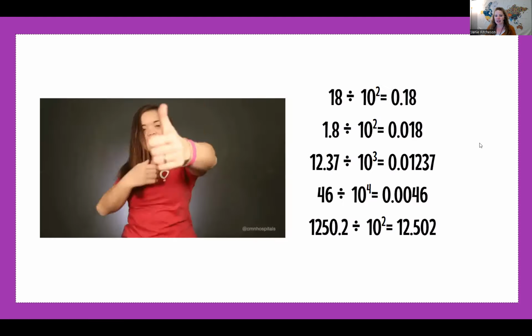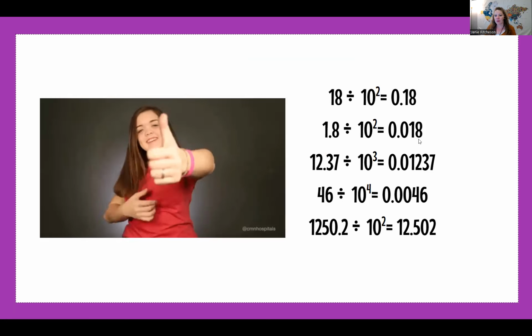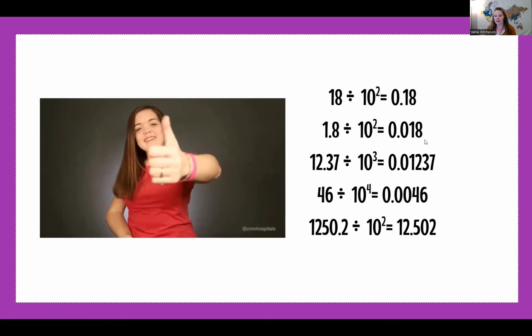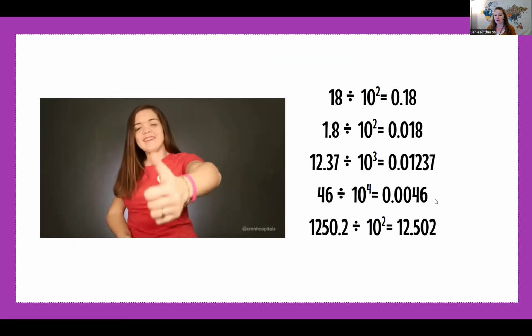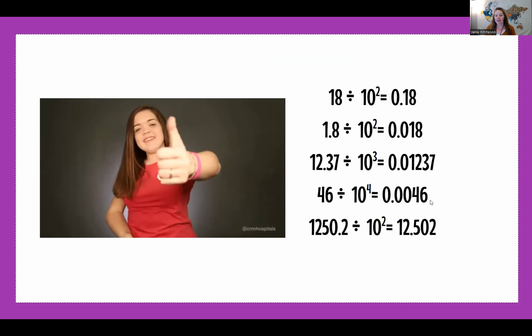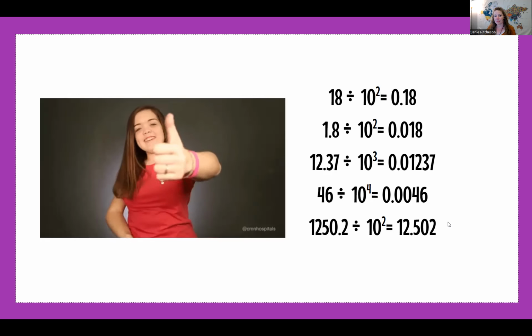Let's see what you get. So the first problem, the answer is 1800ths. The second problem, we have 0.018. The third one, 0.01237. The next one, 0.0046. And the last one is 12 and 502 thousandths.